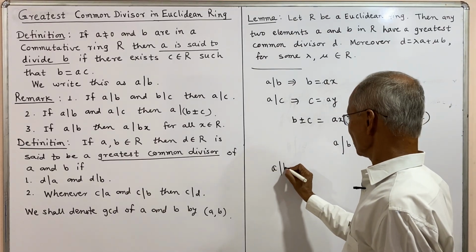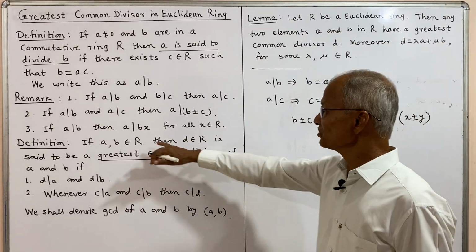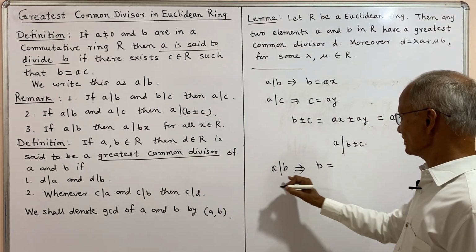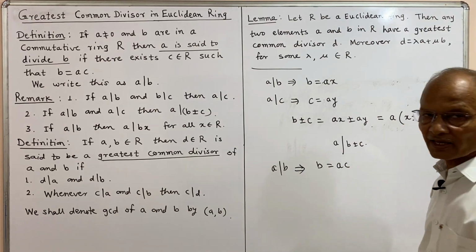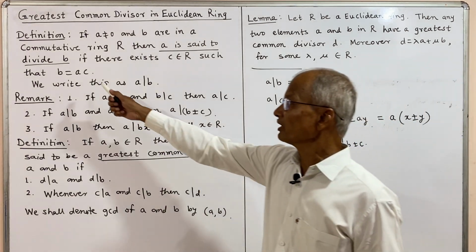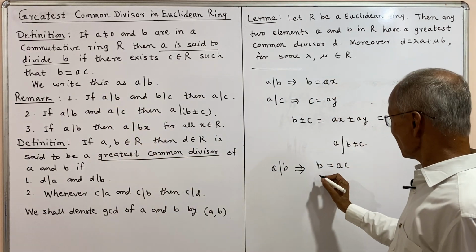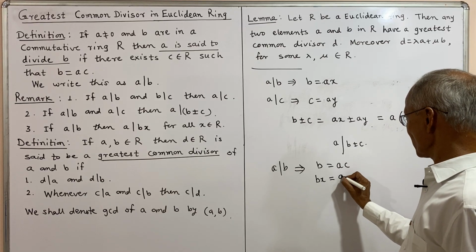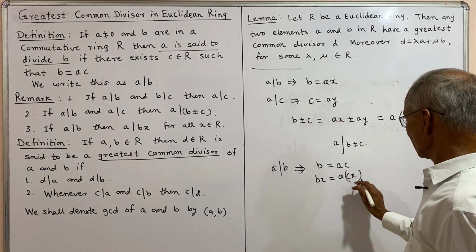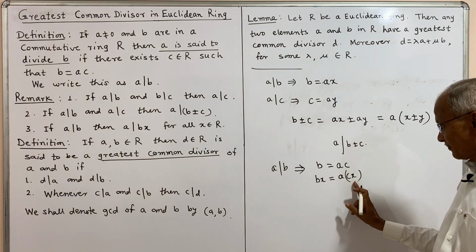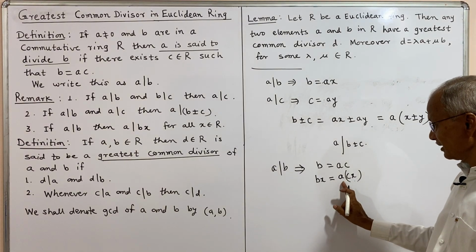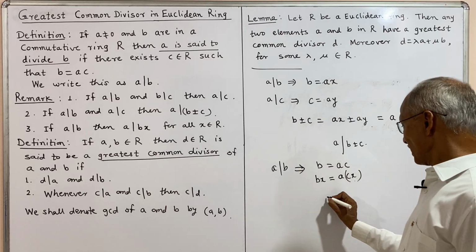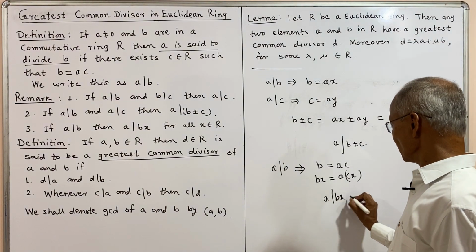A divides B, then according to the definition B is a multiple of A, that is B is equal to A into C. And if you multiply this by x, then this becomes Bx is equal to ACx. And we can write this in bracket, and this shows that A is a divisor of Bx, or Bx is a multiple of A, and that A divides B into x.